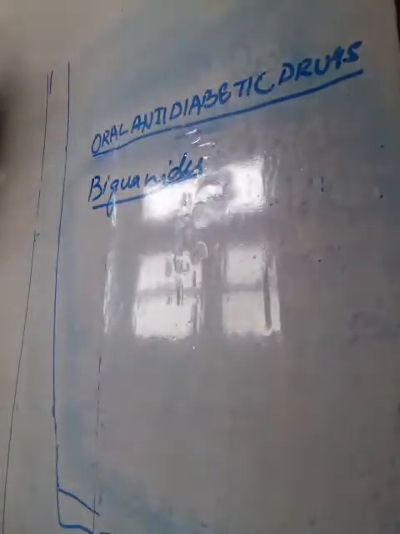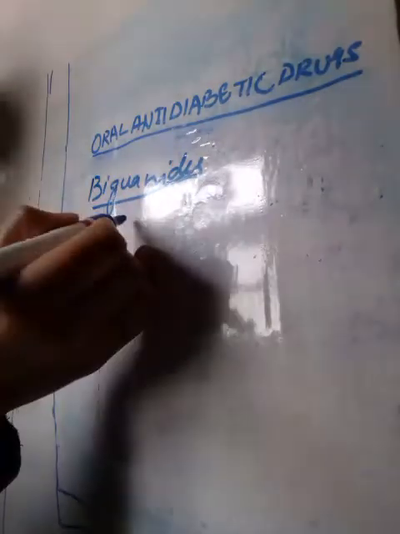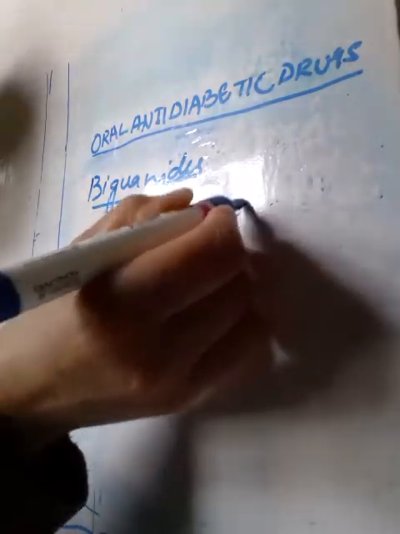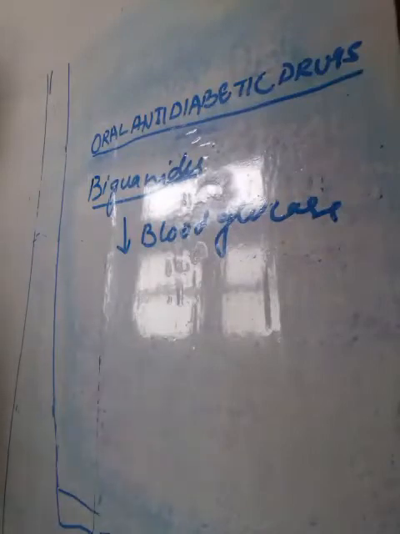Biguanides are oral antidiabetic drugs. These reduce the blood glucose level, with insulin-like effects on the body tissues.